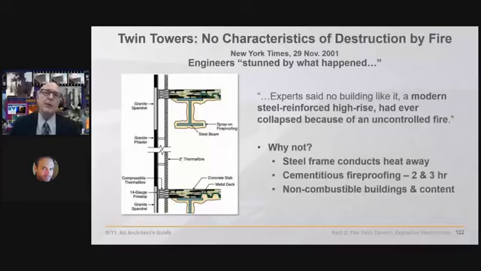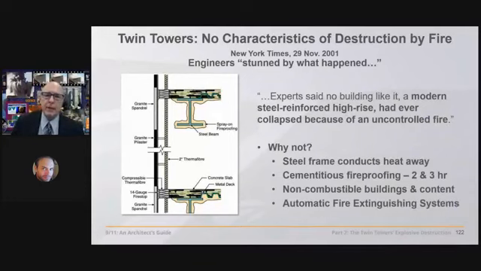But we keep these skyscrapers from being built out of combustible materials, and we keep the tenants from bringing fuel loads into the building beyond a certain limit. So that helps. And then just to keep all that from ever becoming a problem, we put sprinklers in these buildings in modern times.